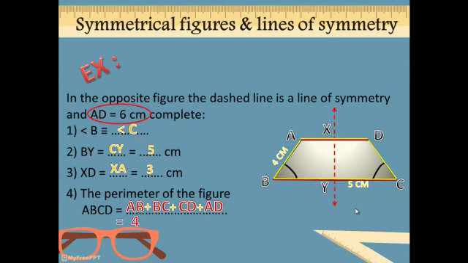So BC is equal 10 plus CD. We know that CD is equal to BA, which means that CD is equal 4 plus AD, which is given in our example as 6. The result will be 24 centimeters.